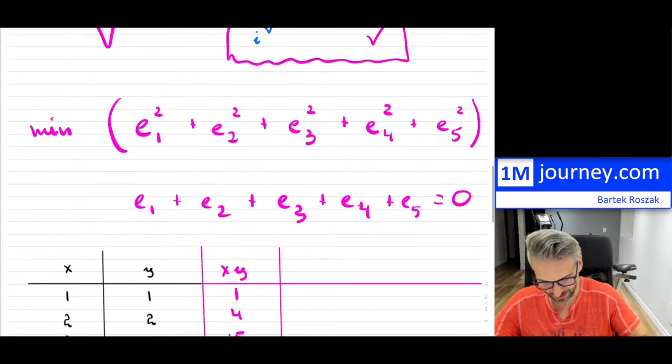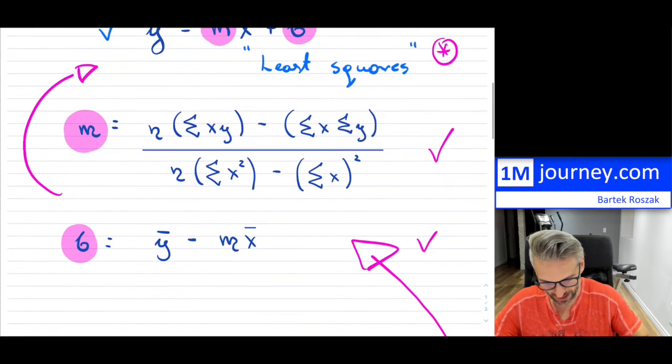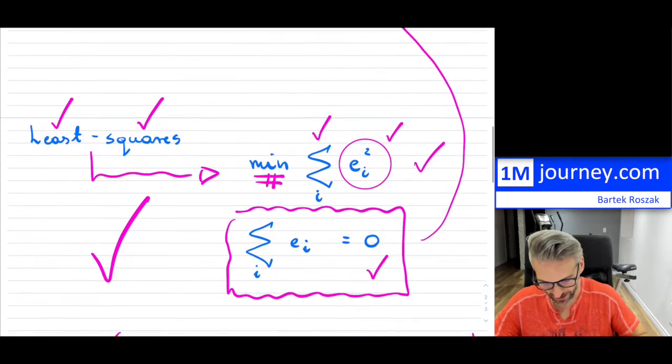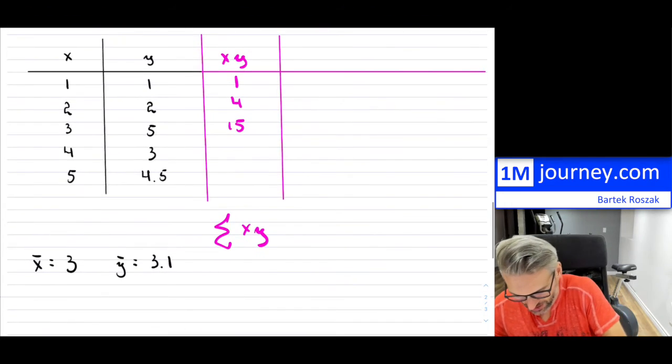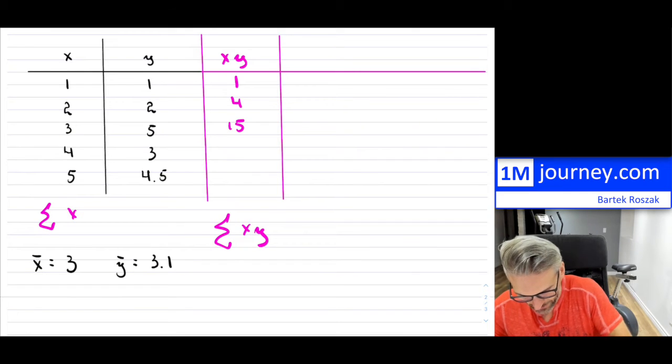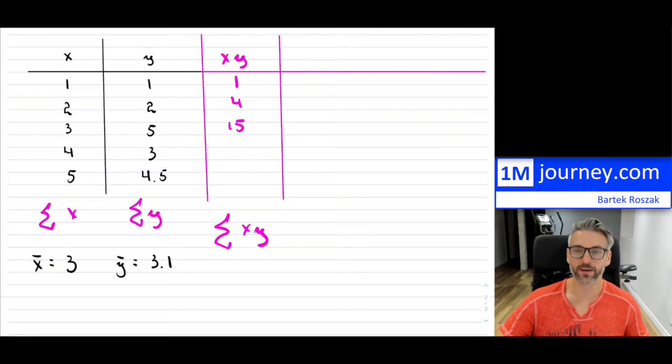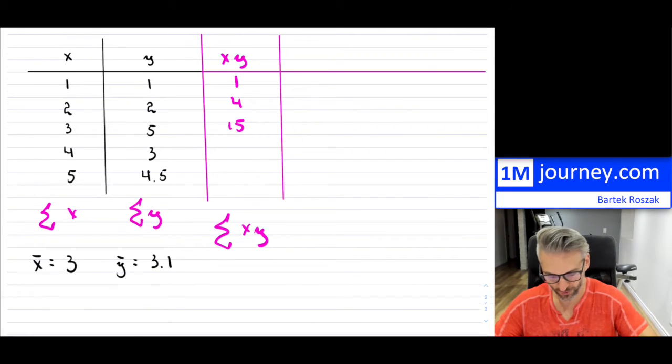So that's one thing that I'll do, except I'll do it in fast forward fashion. The other thing that I need is the summation of X and the summation of Y. So I can just sum up these values, and then this value right here, so I can find out what those are. Again, I'll do that in fast forward fashion.